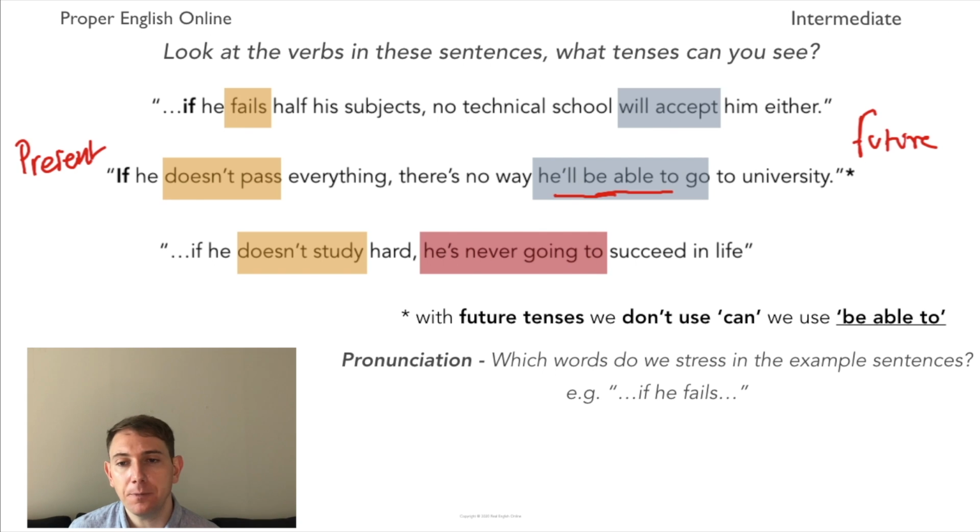All right, now let's talk about our pronunciation here, guys. So which words do we stress in the example sentences? For example, if he fails, small stress on if, big stress on fails. If he fails half his subjects, how about the rest of them? Pause this video and think, what words do we stress in these example sentences?